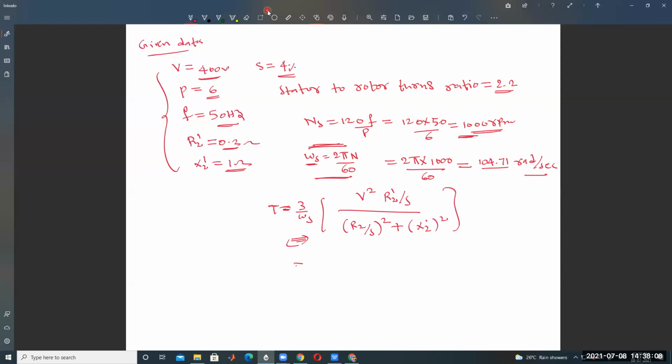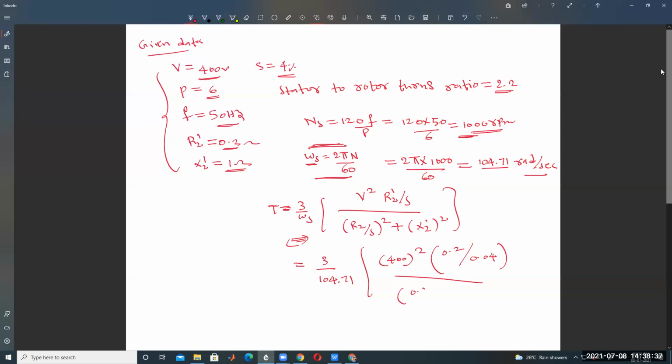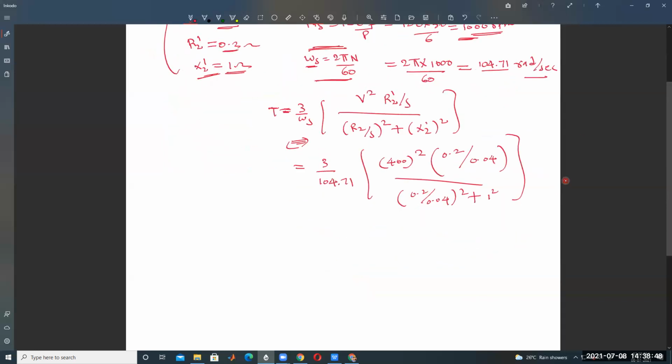Tell me here, 3 divided by what is omega s? 104.71, and then V is 400 volts. 400 square into R2 dash by S, 0.2 by 0.04. Slip is also given, no? So 0.2 by 0.04 whole square, then X2 square, how much X2? It is 1 square. So tell me what is the result?